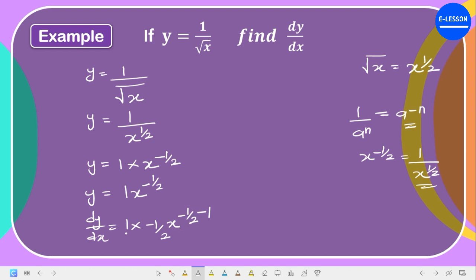Use the power to multiply the coefficient of x, and then subtract 1 from the power, and this leads us to dy over dx is equal to 1 times minus half is minus half, then we have x. Now if we simplify this part of this equation, what are we going to have?